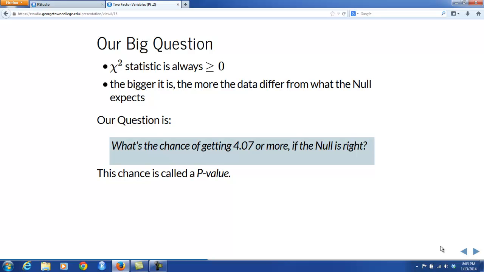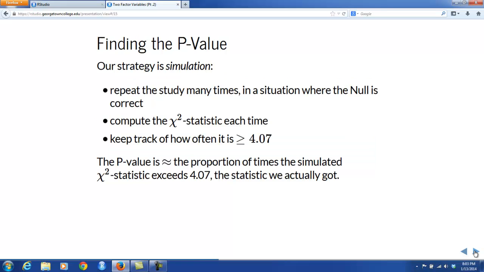The really big question here is, what's the chance of getting a 4.07 or more, like what we got, if the null is right? This chance is called a p-value. P is short for probability or chance.